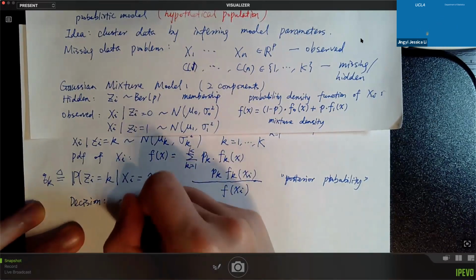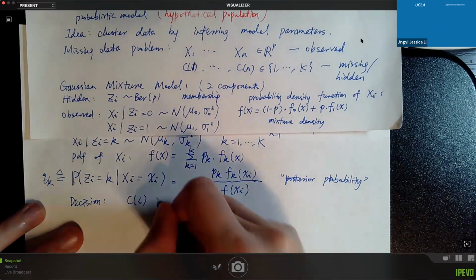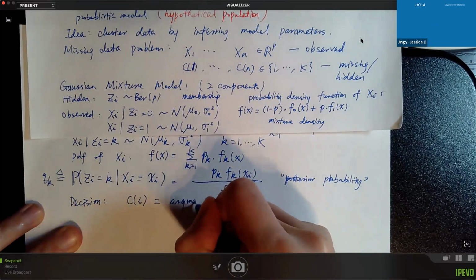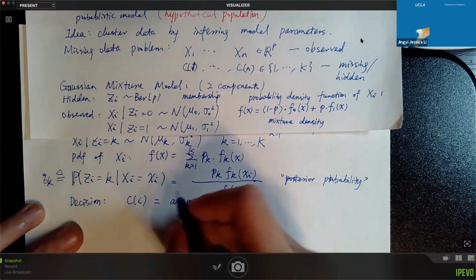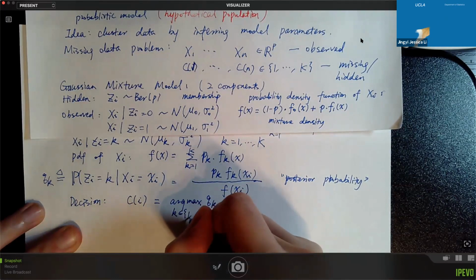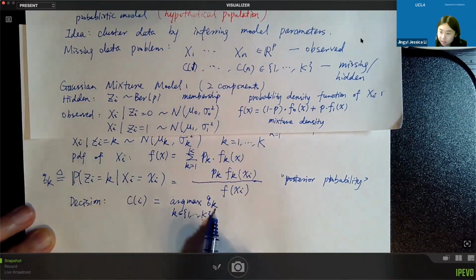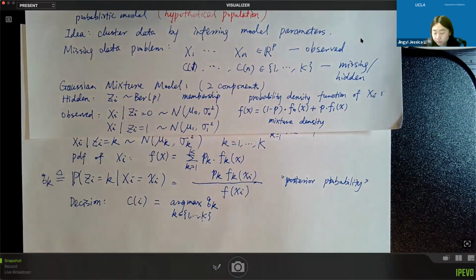So you will just set ci, its membership, to be the k such that qk is maximized. You pick the k from 1 to capital K such that qk is the largest, and then you assign the data point to that cluster.